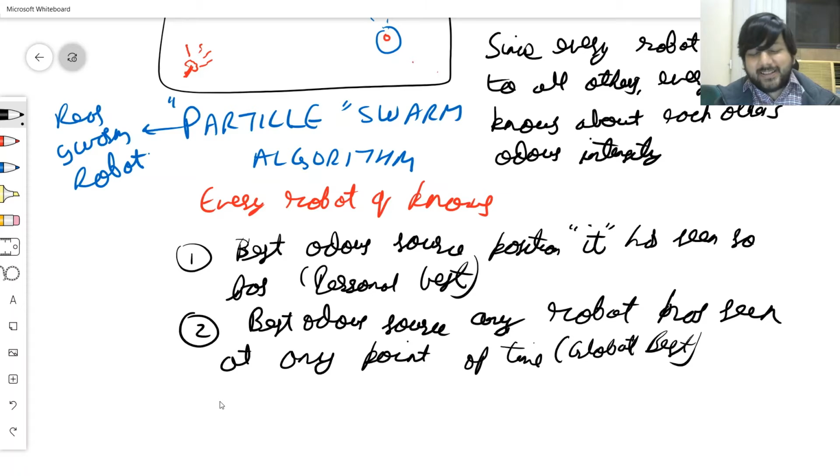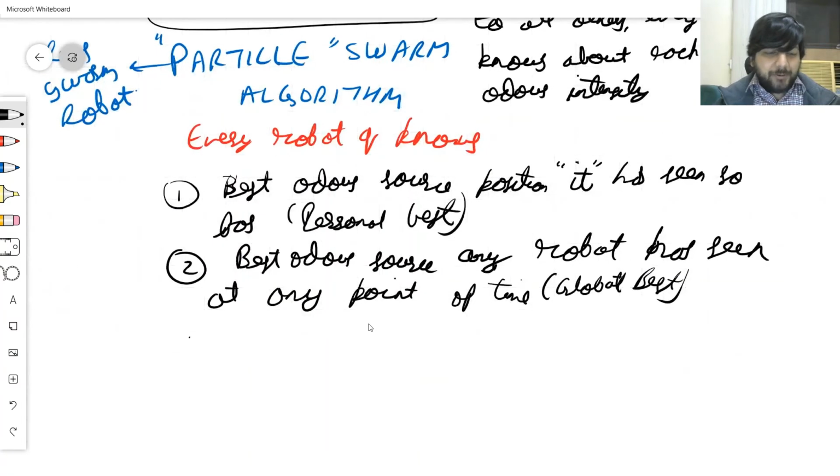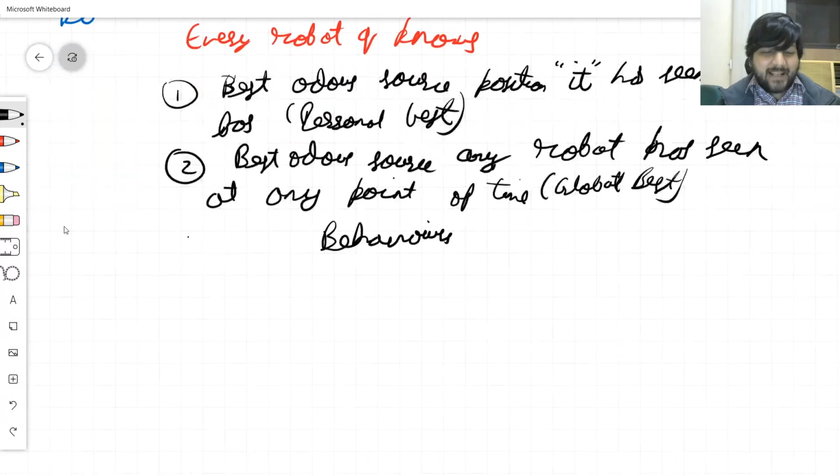And of course, another behavior that I have, so let's talk about behaviors. At any point of time, I can have a behavior which says go to, not the goal, since the odor source is not known, but the personal best position.